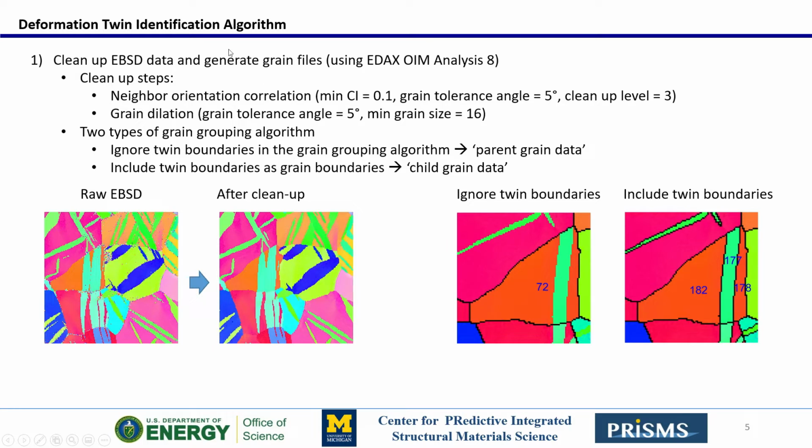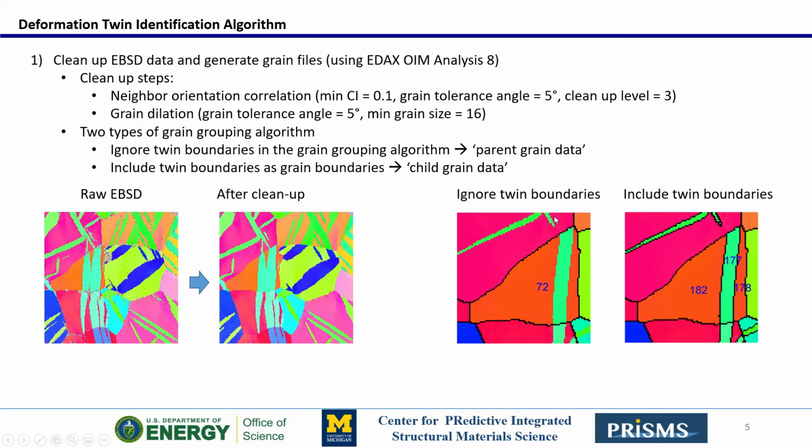Now let's look at the data processing procedure. The first step is to perform some data cleanup using OIM analysis, such as neighbor orientation correlation or grain dilation. And then we need to export these grain files. Due to the existence of twinning, there can be 2 types of grain grouping algorithm. The first is to ignore the twin boundaries so that the untwinned matrix and the twin area are considered as a single grain.